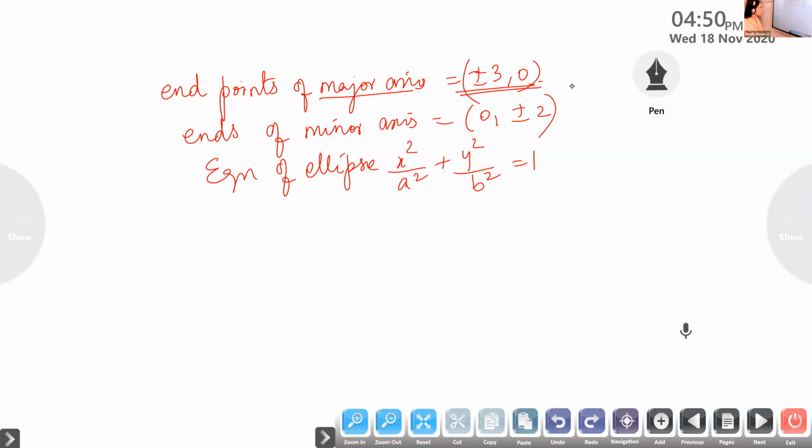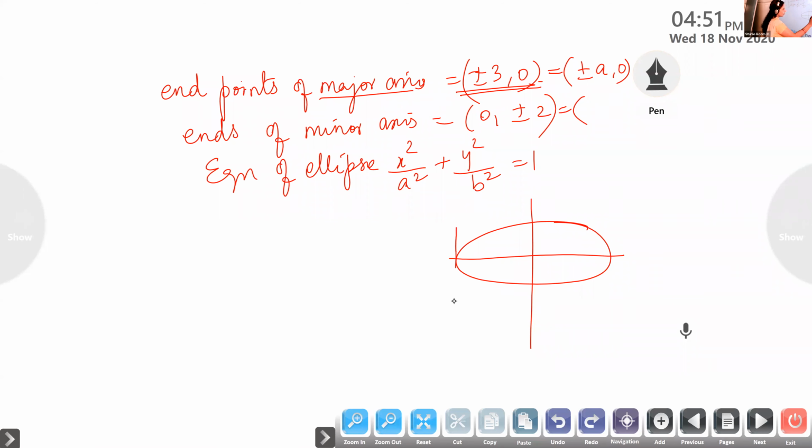And what about the ends of minor axis? End points of minor axis are given by, okay, this is the ellipse. So this point, end points are given by a comma 0, minus a comma 0, because the length is a.